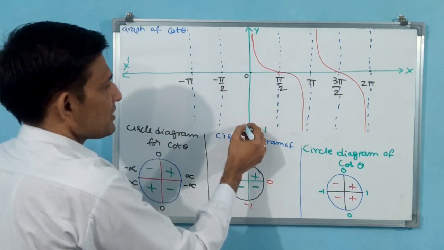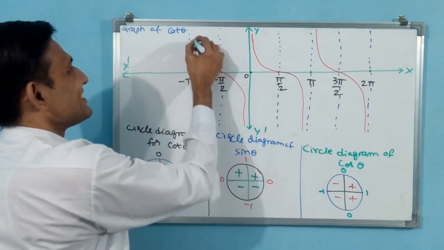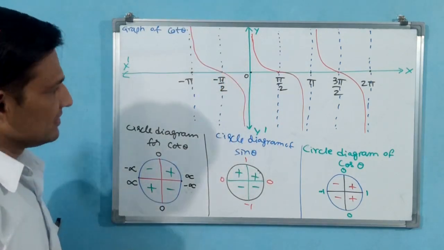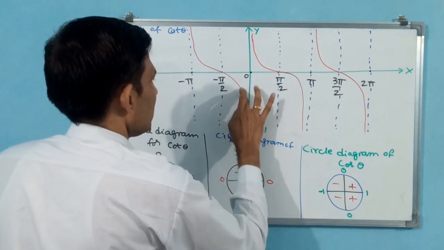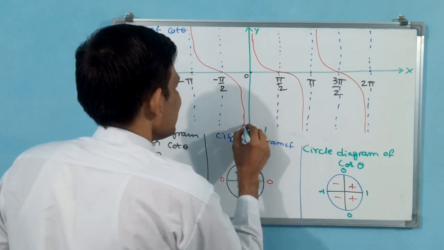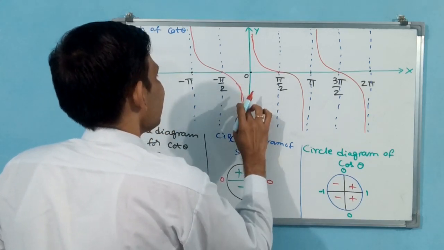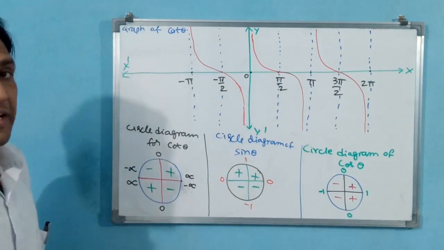Minus infinity to 0, how will it come? Here it will be minus infinity to 0. You understand now how it has come? Red line is the graph.